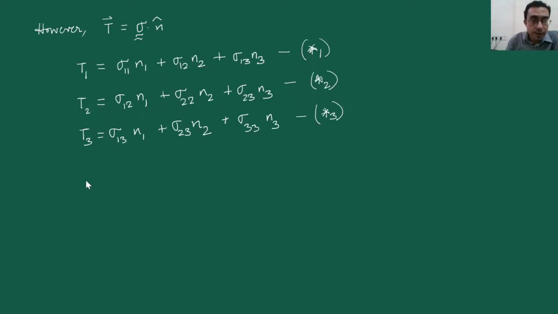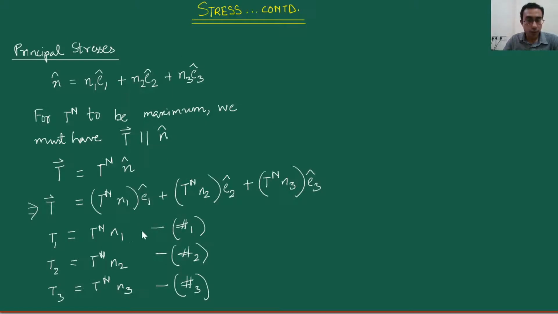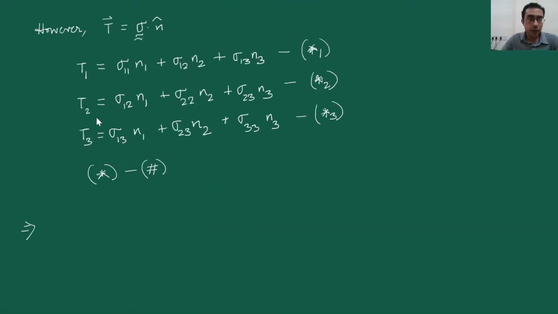So what I will do is subtract all the three hash equations from all the three star equations, and that will give me what? If I do *1 minus #1 here, what will I get? On the left hand side I have T1, here also I have T1.